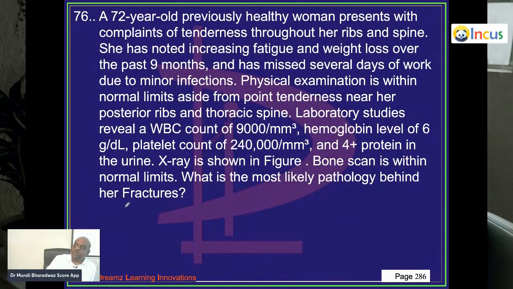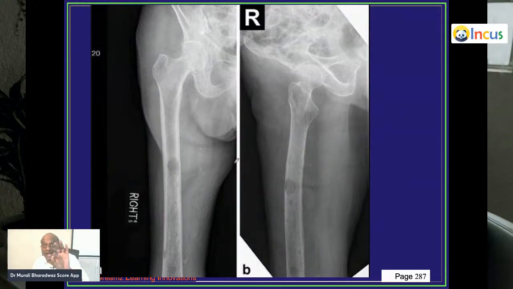A 72-year-old, previously healthy woman has tenderness in the ribs. WBC count is 9,000, platelet count 240,000. But the bone scan is normal, that means radionuclide uptake is not increased. But what do you see? There are lytic lesions in the bone.